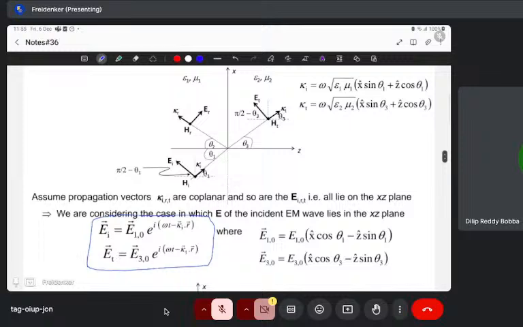Now, what are these terms? x sine theta 1. So that is this direction. x cap is this direction. Sine theta 1 will give me this. z cap cos theta 1.